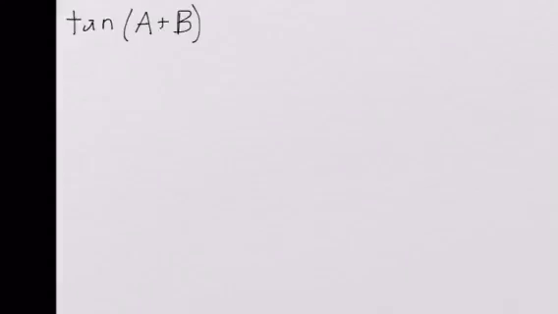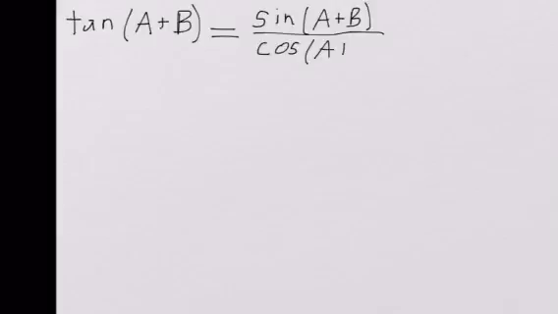Now we know from our quotient identities that this is going to equal the sine of A plus B over the cosine of A plus B. And then, in the set of videos from last time, we looked at the sum identities for sine and cosine.